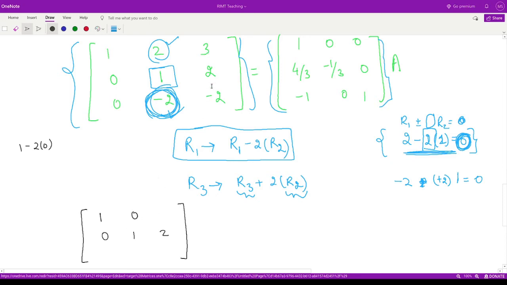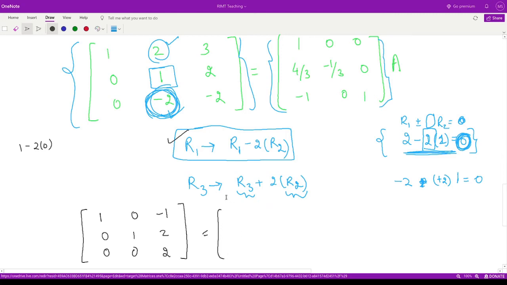Next, 3 minus 4, that would be minus 1, right, according to this operation. And according to the next operation on R3, we have R3 plus 2 times R2. So 0 plus 2 times 0, that would be 0. Minus 2 plus 2 times 1, so it would again be 0, right, according to our operation. And next, minus 2 plus 2 times 2, so it would be plus 2, right. So this is the left hand matrix.